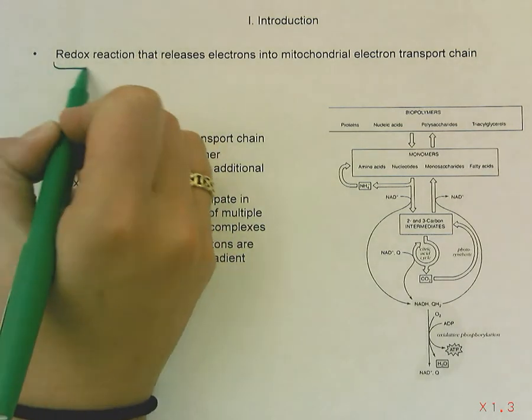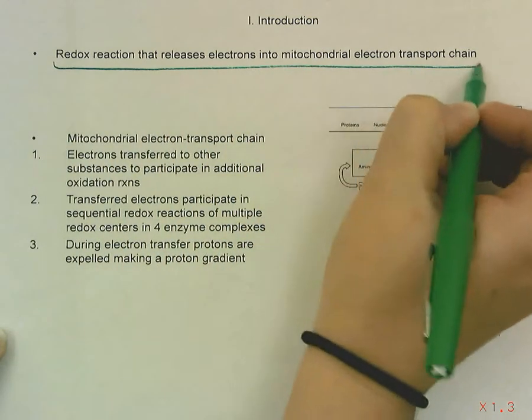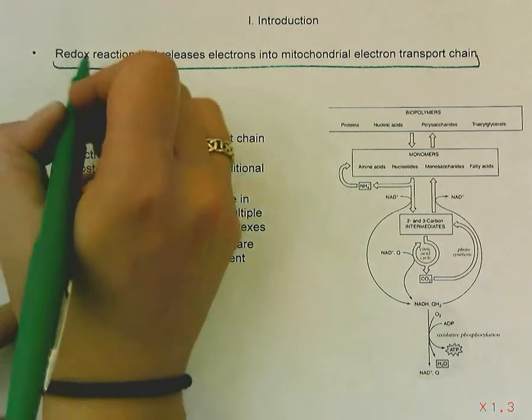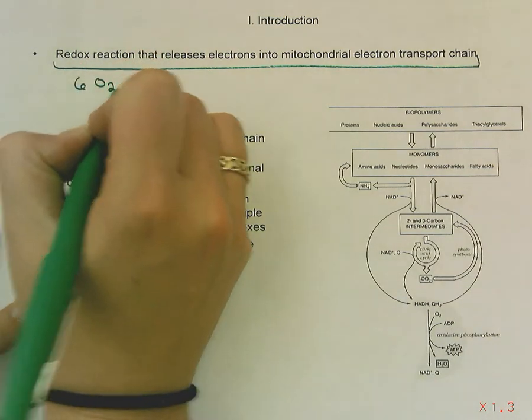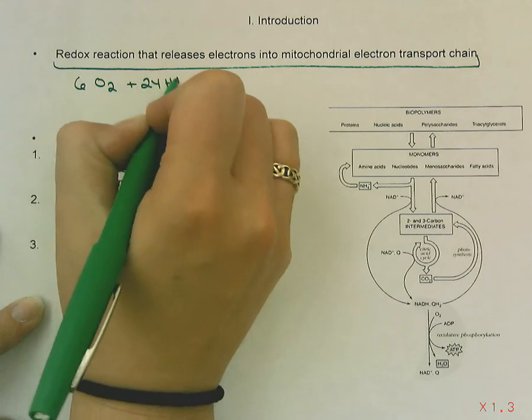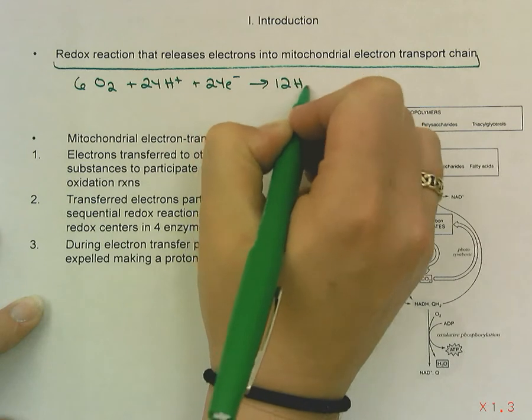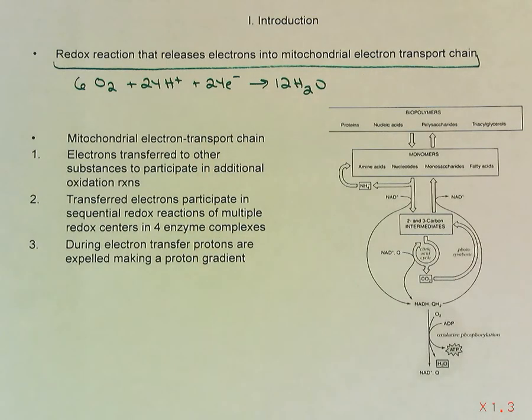All right, so this is what we just looked at, this redox reaction that releases electrons into the mitochondrial electron transport chain. That's going to be the reaction that's going to donate those electrons to do other things with.